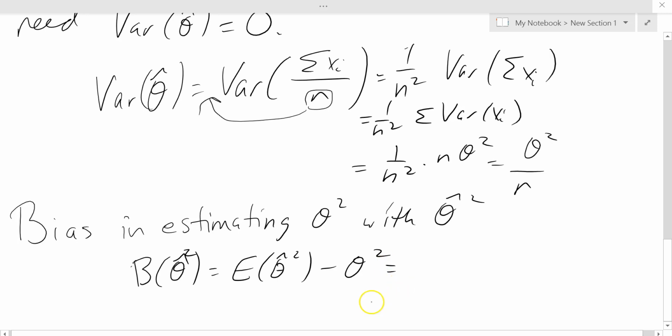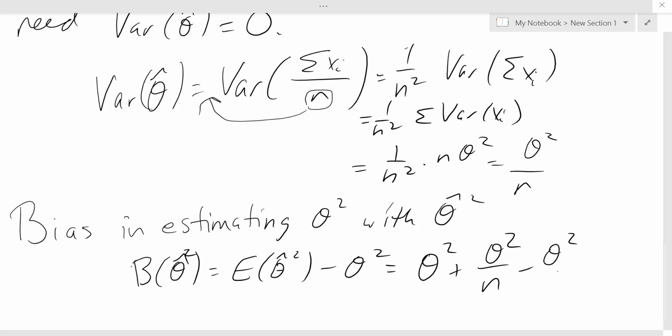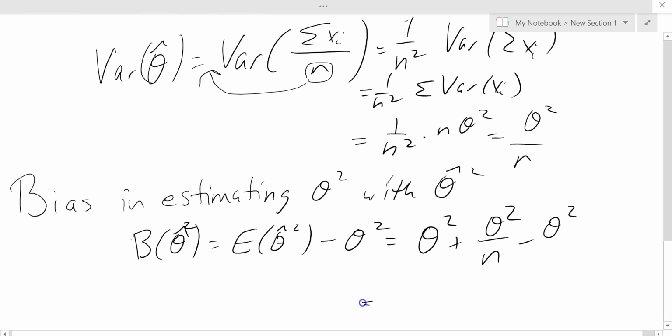So we said the expected value of theta hat squared was theta squared plus its variance. And then we'll subtract off the theta squared. All this other work we did was all of this, right? So we just get theta squared over n. So we just calculated the bias for that estimator.